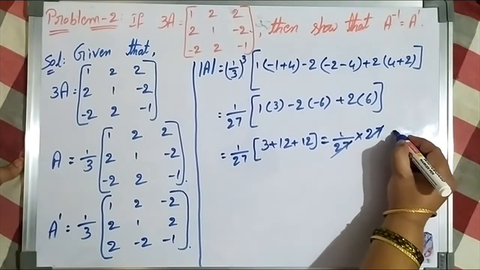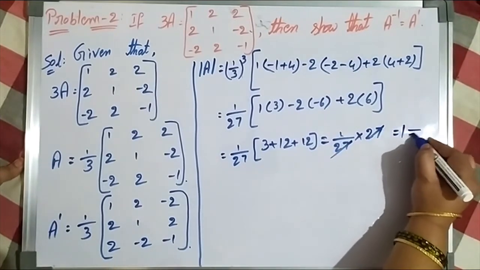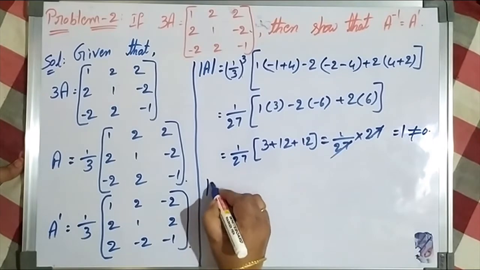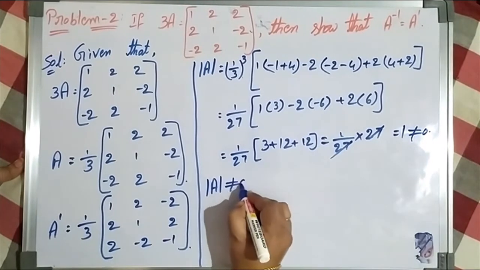The 27s cancel, that is equal to 1. This is not equal to 0. Therefore, the determinant of A is not equal to 0.